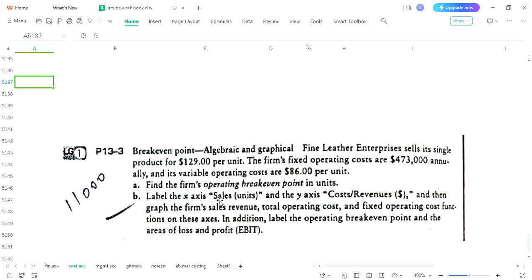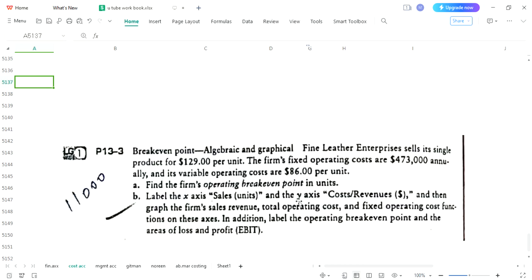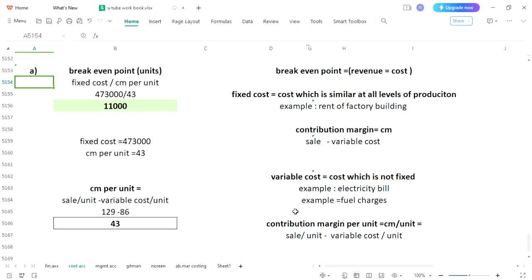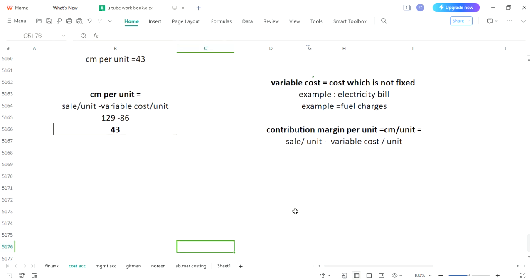Let's go back and see what the next requirement is. Label the x-axis sale units, the y-axis and so on, and then make a graph. So for the break-even point you need to put a graph, and since no limit or amount is mentioned over here, it's up to you. You can choose all the amounts by yourself. Here you need to have a few factors.